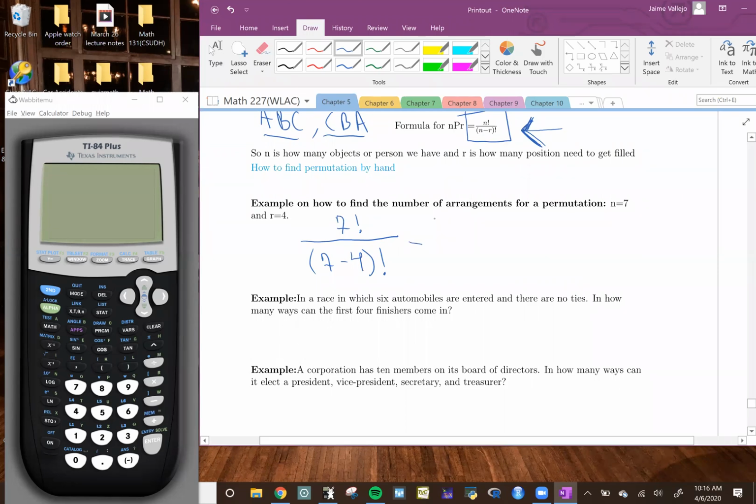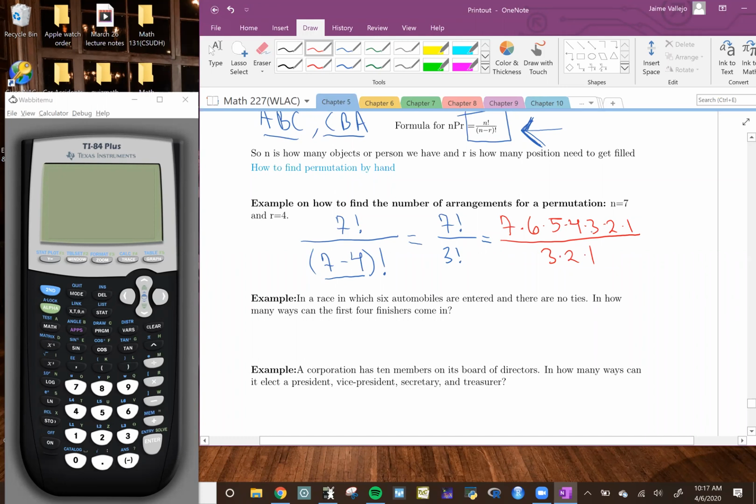So then we get 7 factorial, and 7 minus 4 gives me 3 factorial. 7 factorial represents 7 multiplied by 6, multiplied by 5, multiplied by 4, multiplied by 3, multiplied by 2, multiplied by 1. And you divide this by 3 times 2 times 1.